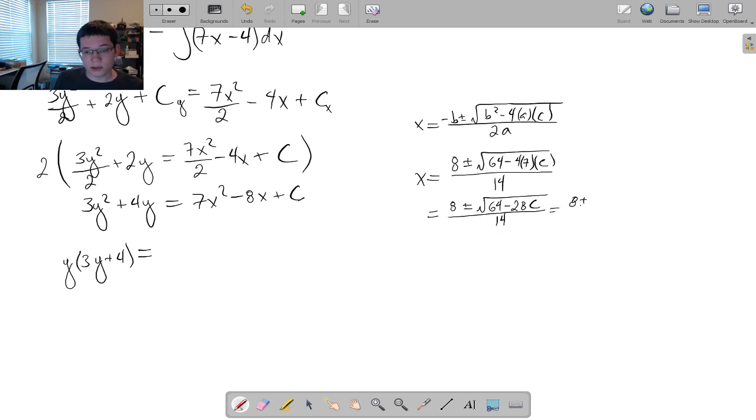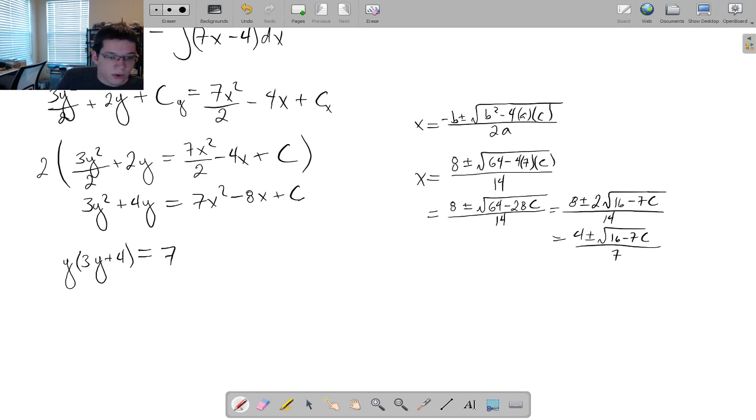Equals 8 plus or minus the square root 2 times the square root of 16 minus 7c, over 14, plus or minus 7. Yeah, now we'll leave it in this polynomial form because it takes longer to write the other.